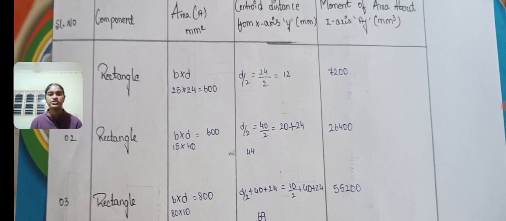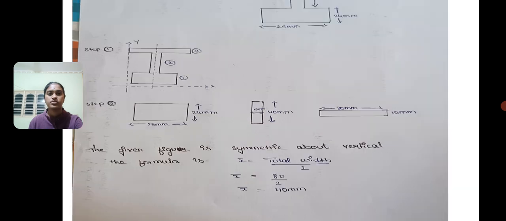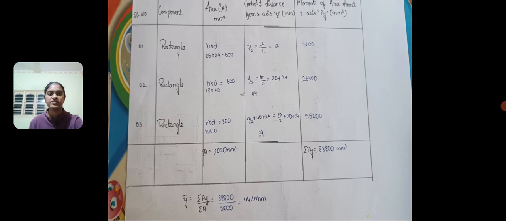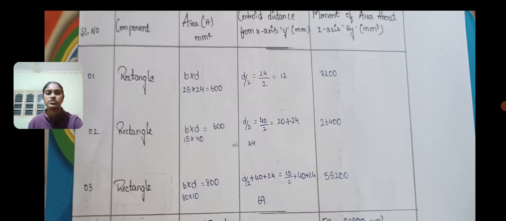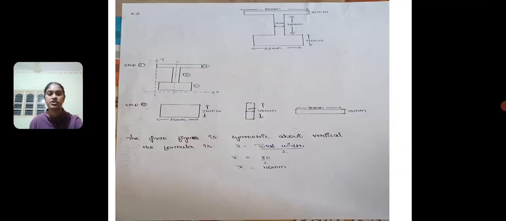First, we consider serial number, component, area, and centroid distance from the x-axis, y in mm, and the moment of area about the x-axis, ay, in mm cube. First one, you can see the rectangle, where we know the formula b into d, where b means breadth and d means depth.